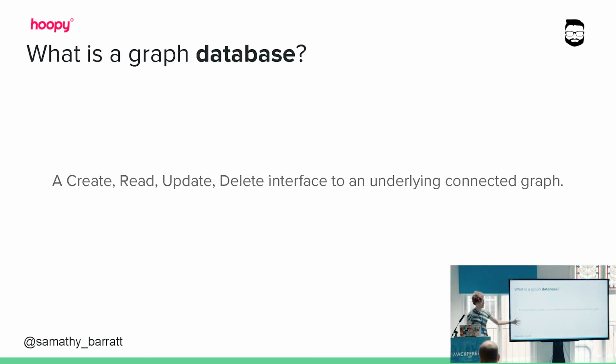So what is a graph database? Well, graph databases are quite simply a system kind of surrounding a connected graph that allows you to create, read, update, delete data in the graph. So that's nodes or relationships. Graph databases also provide systems for traversing the graph, for searching and understanding the graph that you're using.